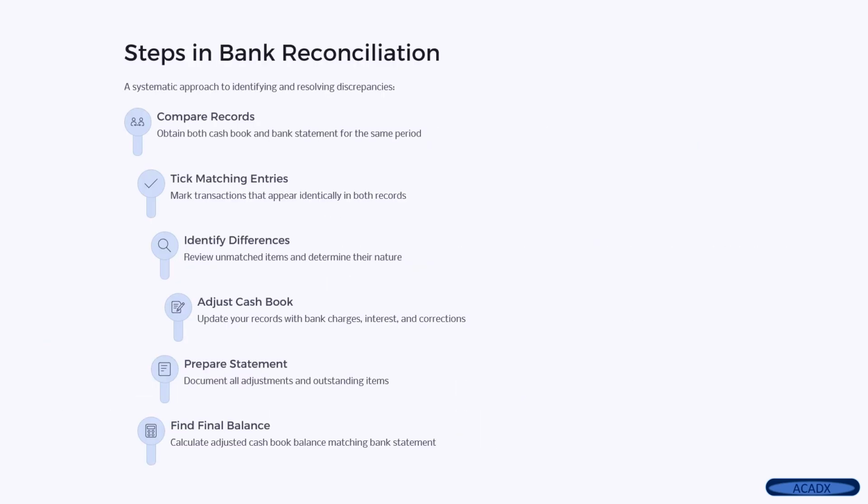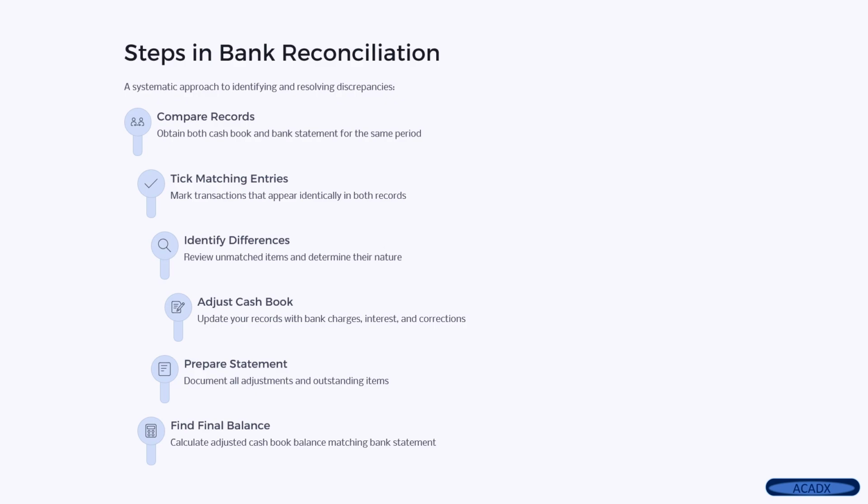So, if we talk about the steps in bank reconciliation, there are several steps. Let's go one by one. The first step is to compare records. Gather your cash book and the bank statement. The second step would be tick matching entries, which is mark transactions that appear in both.